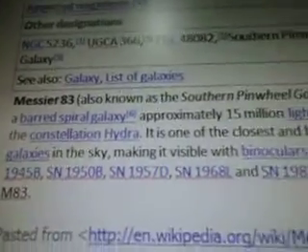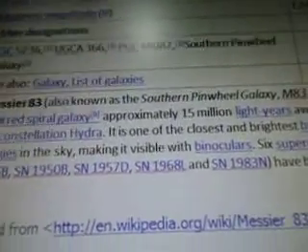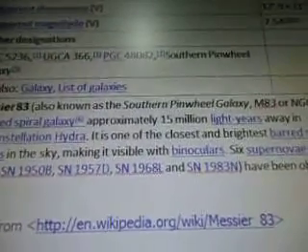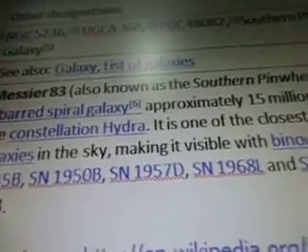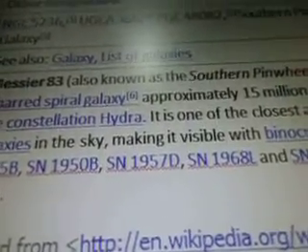Okay, and if you go to Wikipedia, you can get more about it. Messier 83 is also known as the Southern Pinwheel Galaxy, M83, or NGC 5236. If you go into Google Sky, that's the number you want to look for. NGC 5236. That's the catalog number for it on Google Sky. It is a barred spiral galaxy, approximately 15 million light years away in the constellation Hydra.